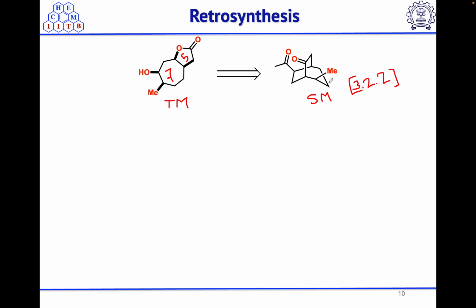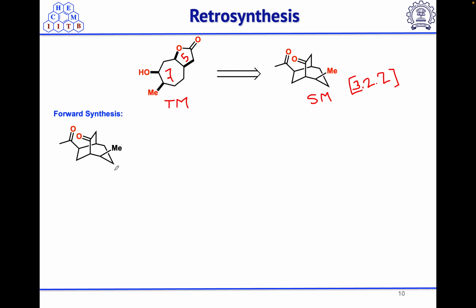So this is the 3-2-2 bicyclic compound, and this is the 7-5 fused ring. Okay, a very interesting example of conversion. In forward synthesis, basically we'll see the forward synthesis first.